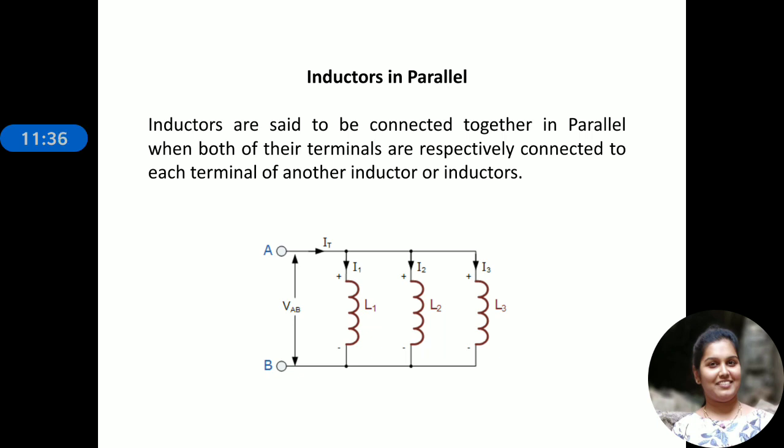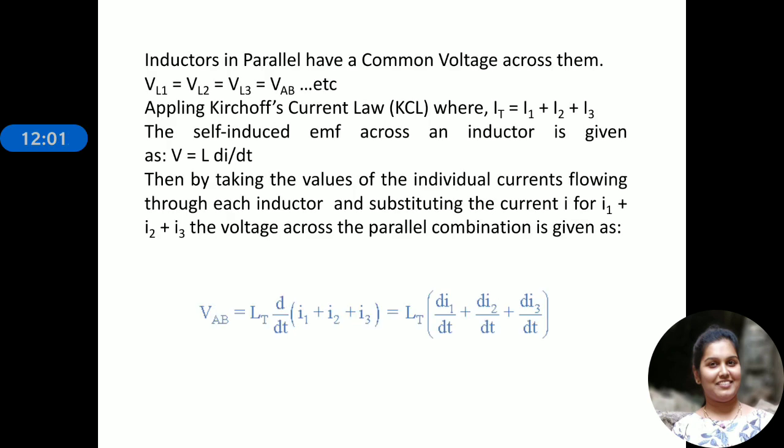Previously for the series circuit we applied Kirchhoff's voltage law, and for the parallel circuit we'll use Kirchhoff's current law. According to Kirchhoff's current law, the sum of the incoming current, that is IT, will be equal to the sum of the outgoing currents, that is I1, I2, I3. So we can simply write the expression as IT is equal to I1 plus I2 plus I3.